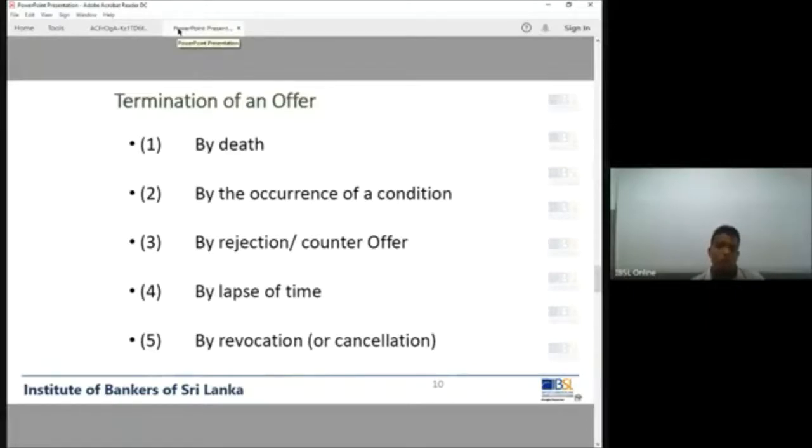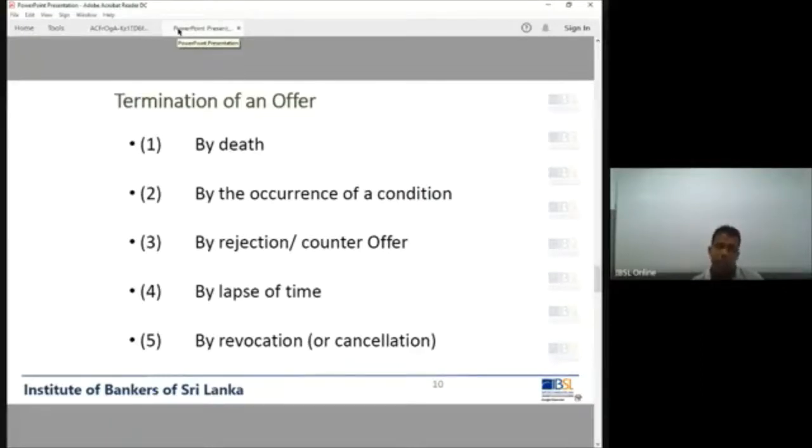This offer is valid only 7 days or 14 days." Likewise, we can put a date or expiry period in the offer. So if a time is mentioned in the offer, after the expiry of the time period mentioned in the offer, it automatically comes to an end.